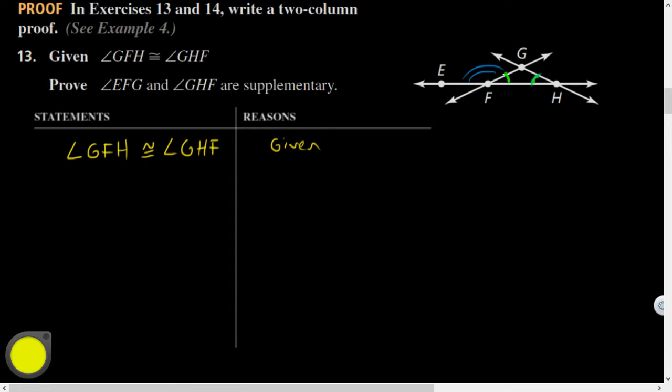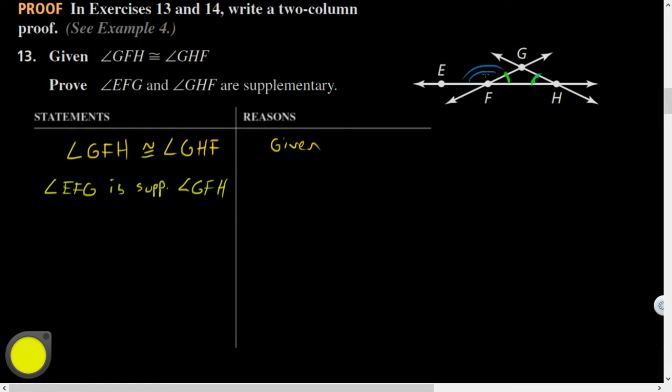I think I could say that it's supplementary with GFH. You guys think so? Angle EFG is supplementary with angle GFH. There we are. Because these two form a straight angle.